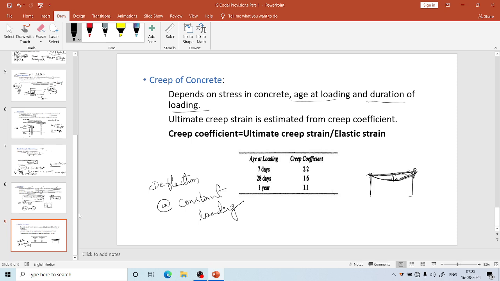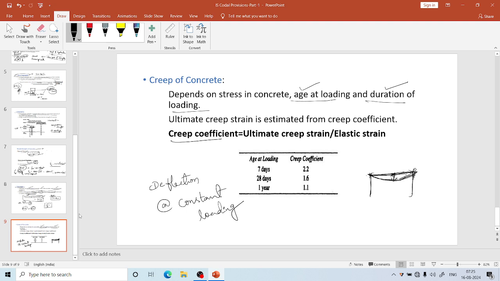This is called creep. At constant loading, with time, the deformation taking place is what we call creep. So creep mainly depends on age at loading, and it depends on duration of loading.